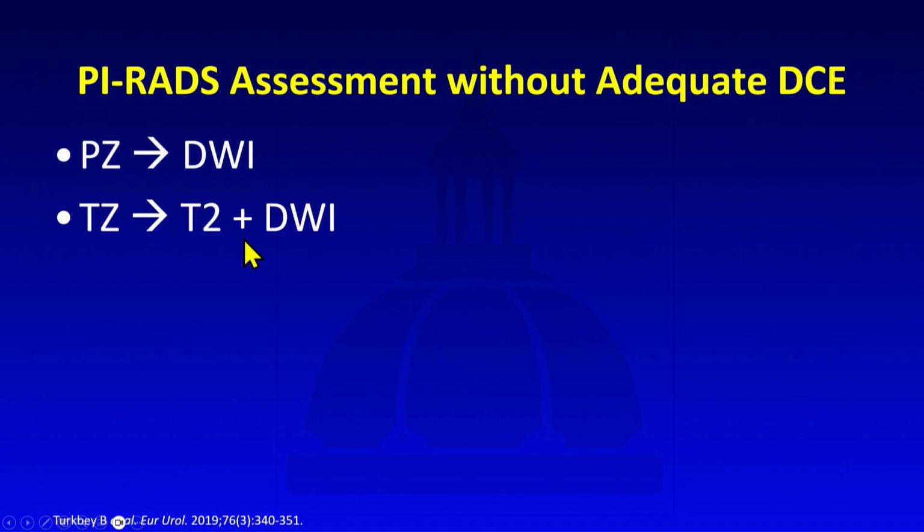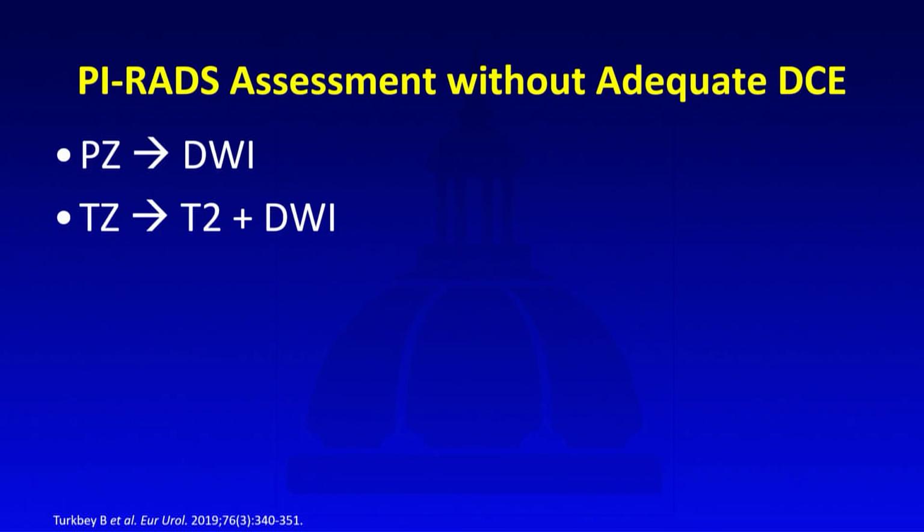And there are lots of other things on the horizon. We also report the PRECISE score. I'm not going to go into detail, but basically now we have a lot of men who have serial comparison exams. So the PRECISE allows you to compare the current one with the previous one. Are things looking stable, better, or worse? So that also helps you.